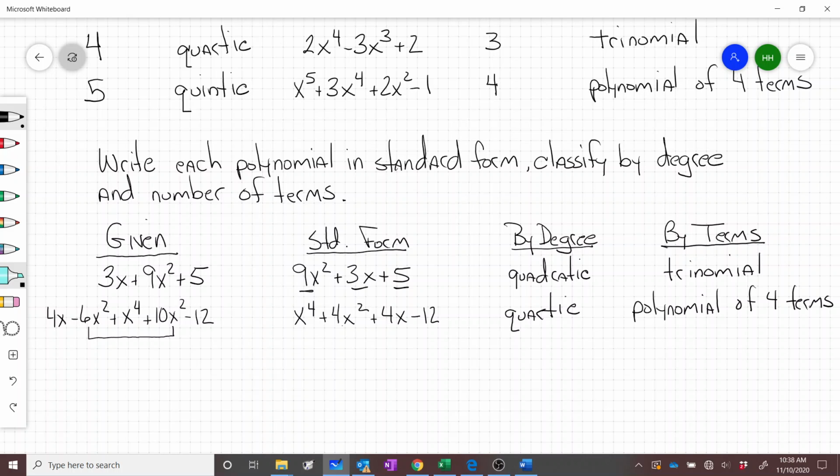Y'all get the idea? Let's do a 3x to the third minus x plus 5x to the fourth. In standard form, we got 5x to the fourth plus 3x to the third minus x.